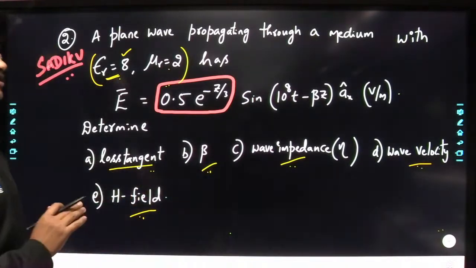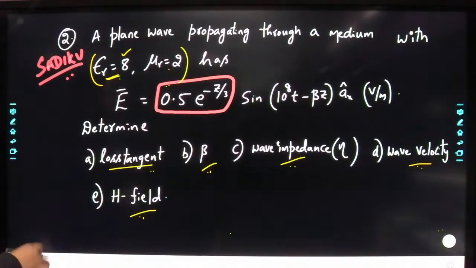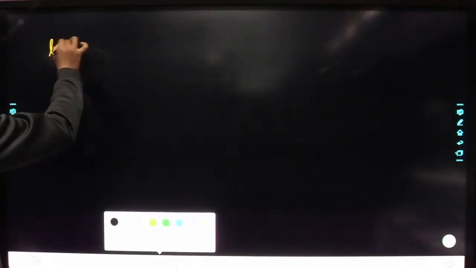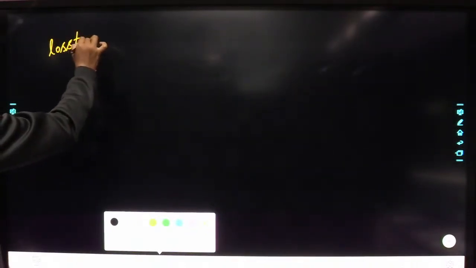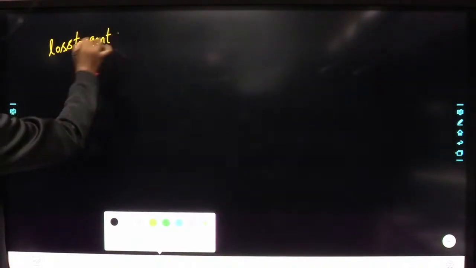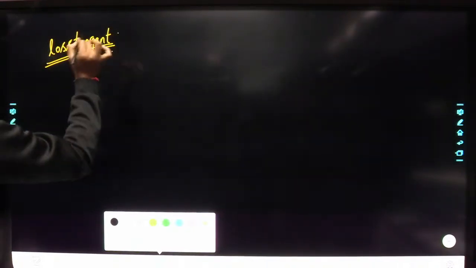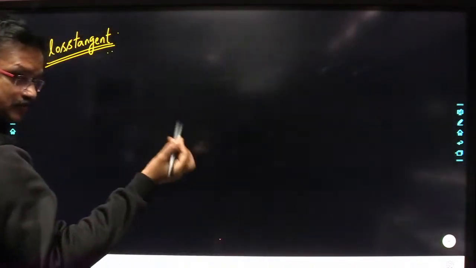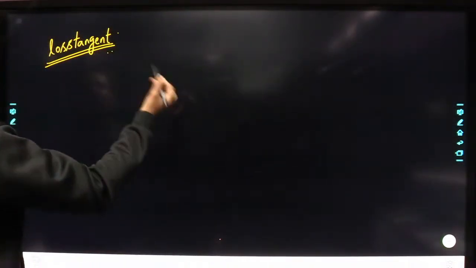So first we try to determine the loss tangent. Determining the loss tangent is very, very important. It is going to tell you about the nature of the medium. Once you know that, only then can you proceed with the problem.